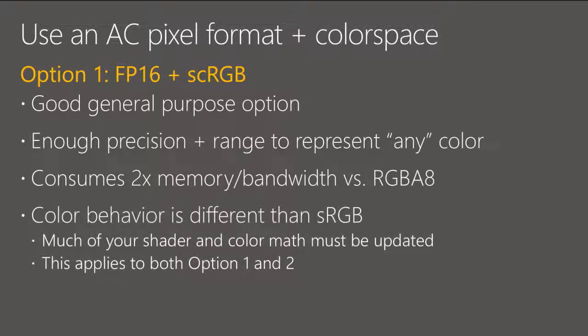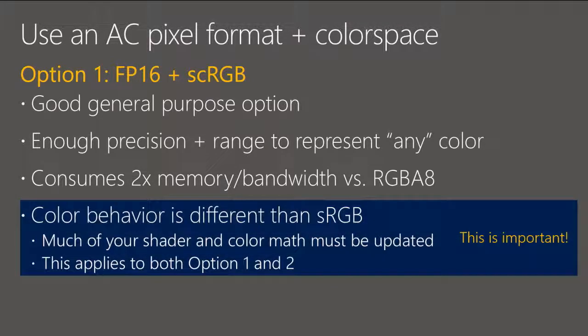So I want to focus on this last point. As you know, we're using a different color space to render advanced color content. This is a much bigger change than simply switching a pixel format. So if you have RGB8 data and you switched it to RGBA16, you basically just get additional precision. Alternatively, if you switch to R8, you're just converting to monochrome rendering.